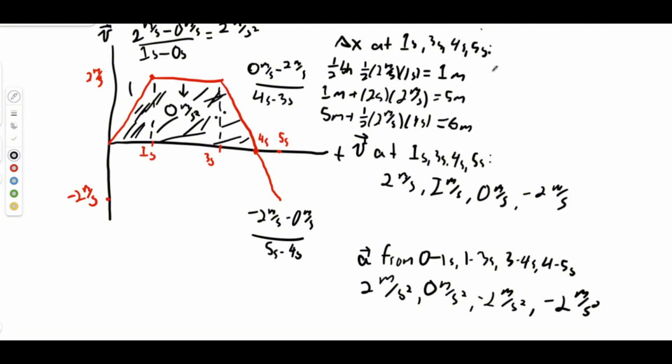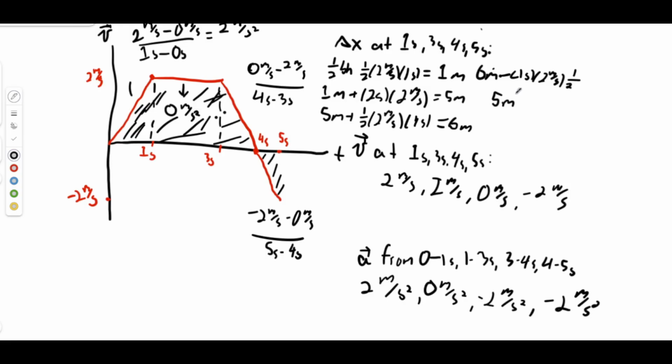Now, at 5 seconds, we have that whole thing minus this area. Because if we look, this area is underneath the x-axis, meaning we're going to call this a negative. It's going to contribute negative direction. So this is going to be 6 meters minus the area of this triangle, which has a base of 1 second and a height of 2 meters per second. So that's going to be, again, 1 meter. So it's 6 meters minus 1 meter is 5 meters.